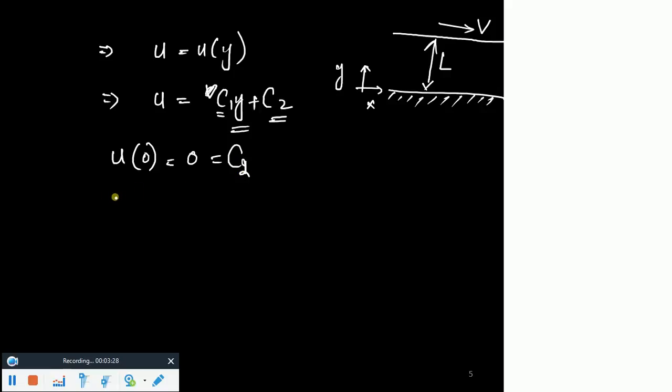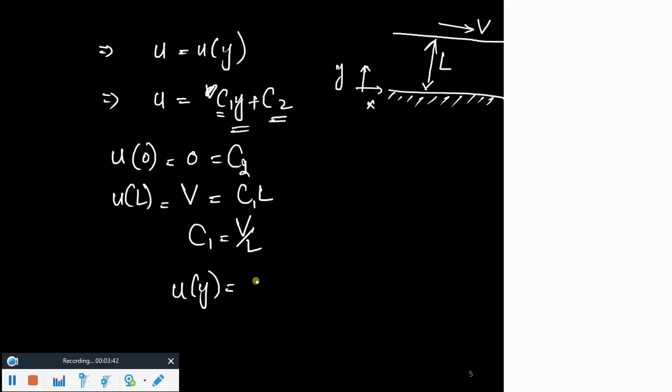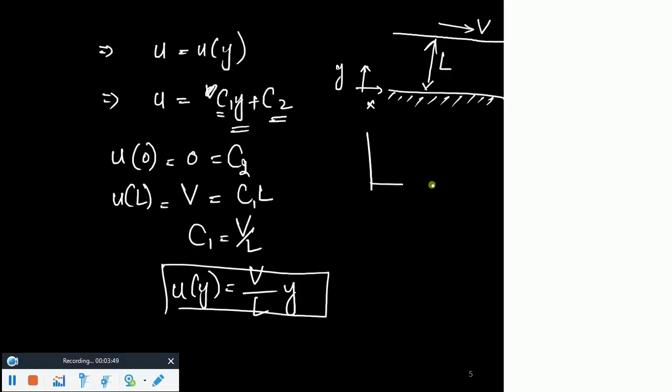Then at y equals L, you have velocity capital V. So you come up with C1 L equals V, so C1 is equal to V by L. It means u of y in this case would be equal to V by L times y. So this is the linear velocity profile.